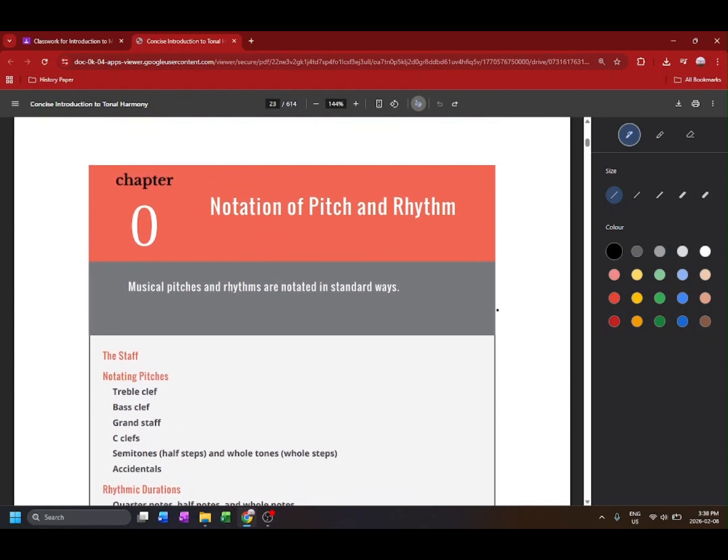To begin, this class is designed for anybody who might be looking to go into music school, or might be interested in music theory.